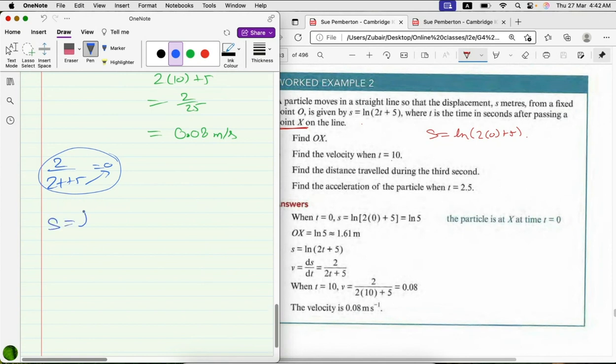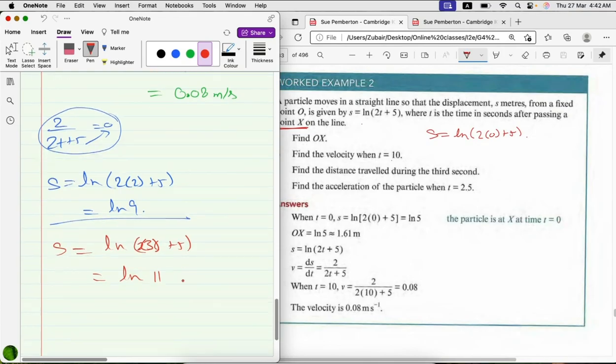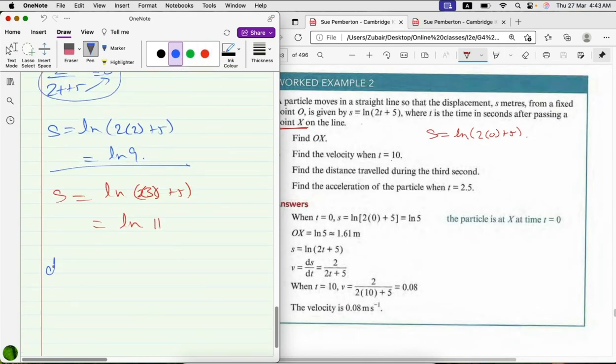Displacement when time is 2 is ln 9, and displacement when time is 3 is ln 11. So the distance traveled in the third second is ln 11 minus ln 9, which is 0.2006. So I'll just write 0.2 meters.